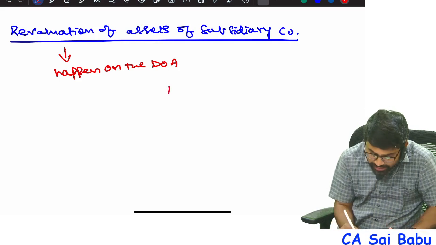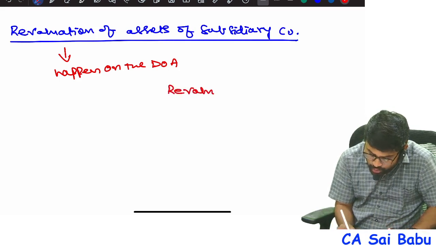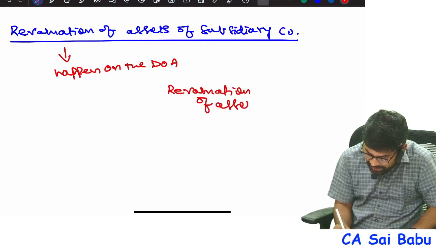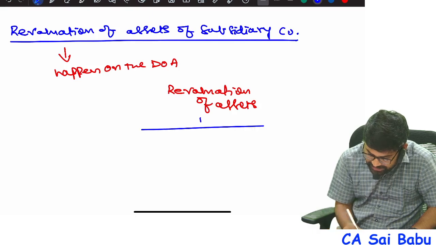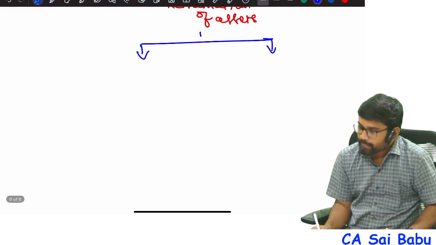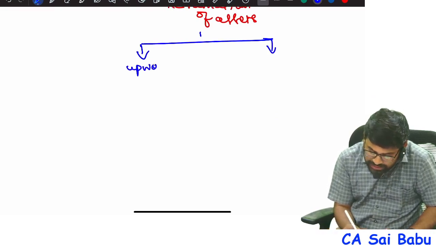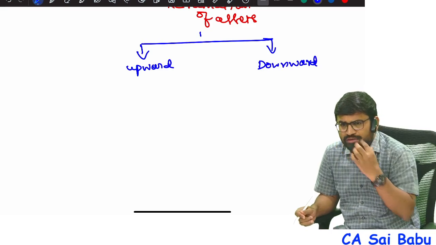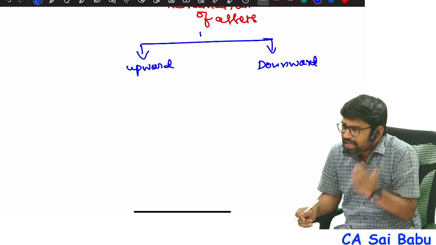Now, as far as the revaluation of assets is concerned, there are 2 possibilities. Can you tell me what are the 2 possibilities? Either upward revaluation or downward revaluation. Upward means increase the asset value.